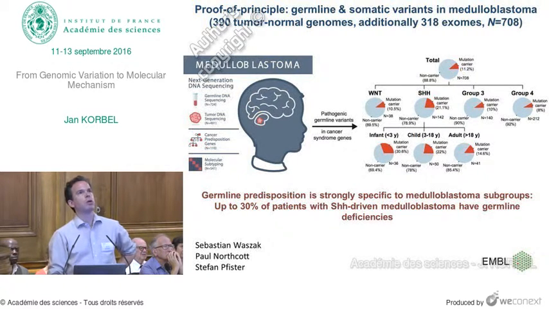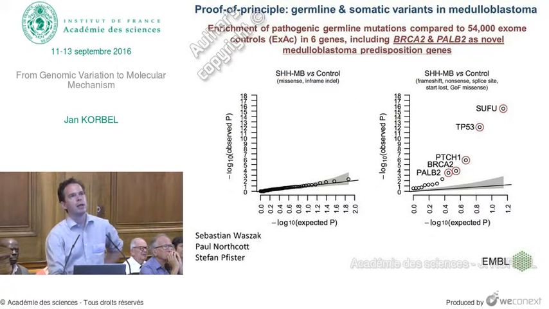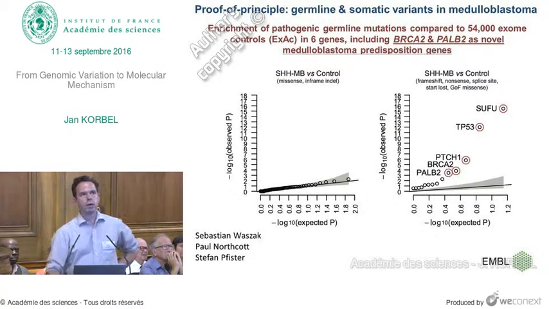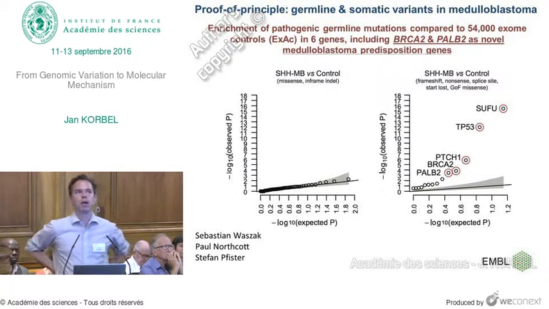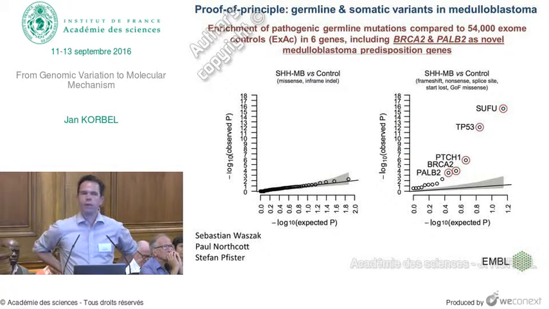But we also, studying these genomes, made a very interesting observation. Namely, we've identified two genes, BRCA2 and PALB2, that previously in monoallelic form had not been linked to medulloblastoma yet.